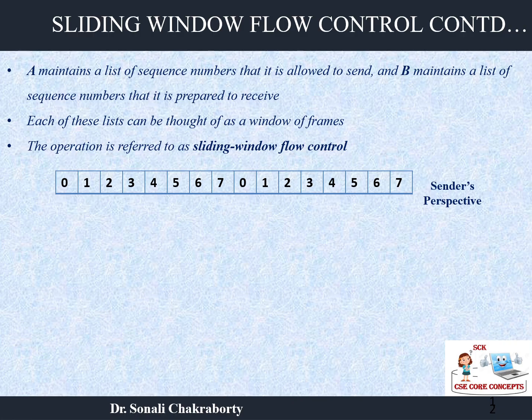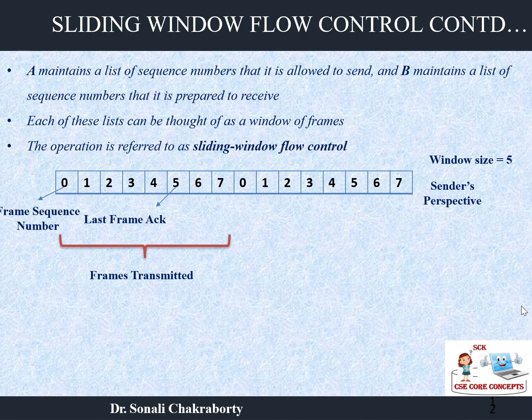You can see the sender's perspective here. The window size is, let's say, 5, and the frame buffer size is 8, so the frame sequence numbers can go from 0 to 7. The last frame which has been acknowledged, let's say, is 5.